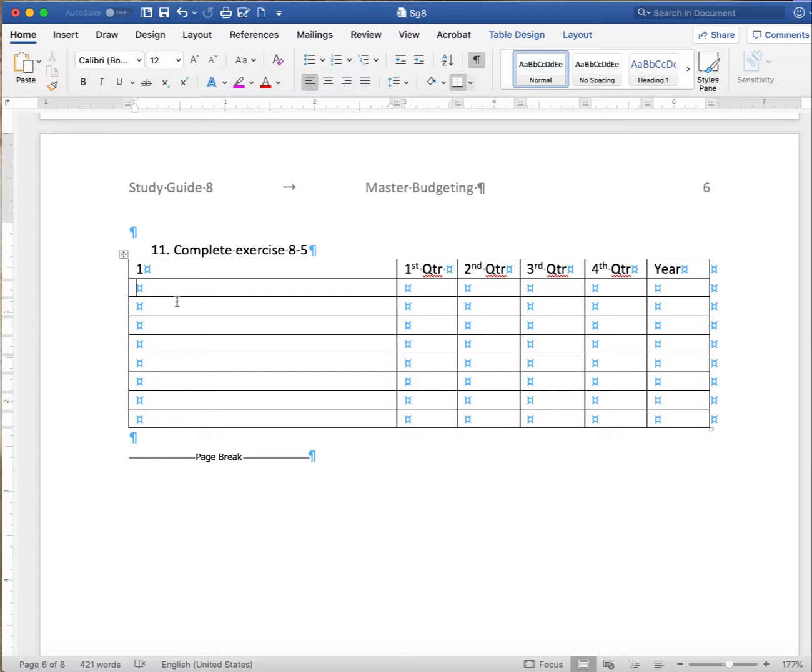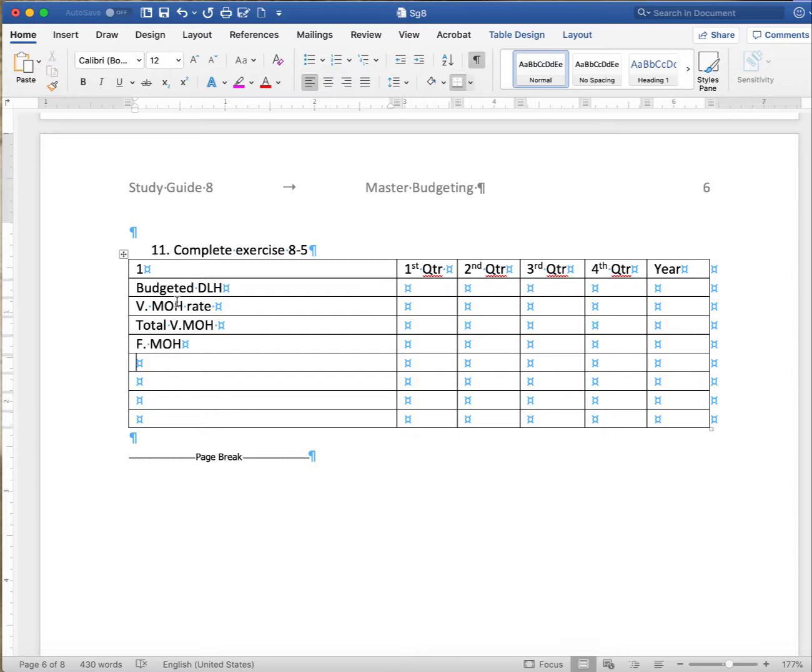We need to know what our budgeted direct labor hours are. To that, we need to figure out what our variable MOH rate is. We multiply those two together and we get the total variable MOH. To that we add the fixed manufacturing overhead, or fixed MOH.